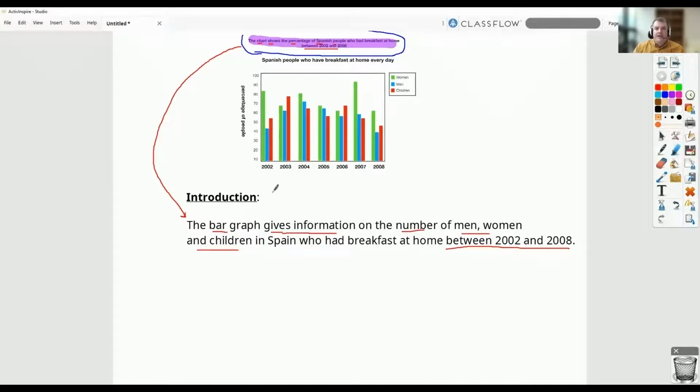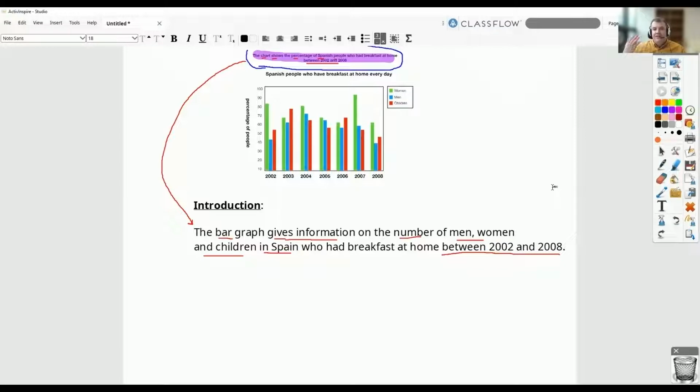We changed Spanish to in Spain. And the rest we've kept. If we want to be really, really strict about the paraphrasing, we could change these, but I think it's okay as it is. So that's your step one. Make your introduction by rephrasing the question information.